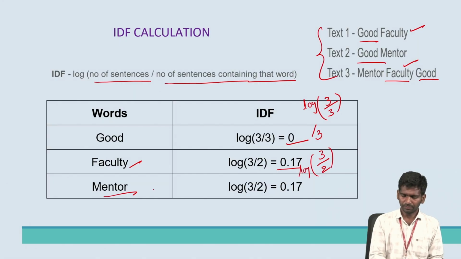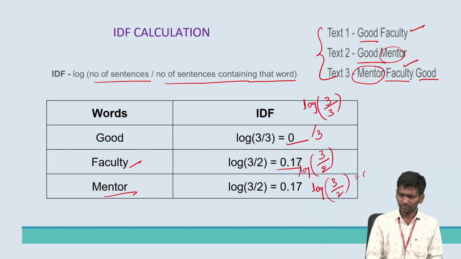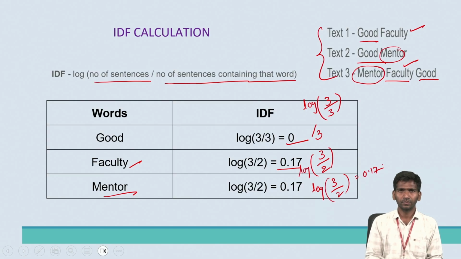Similarly mentor. Total there are 3 sentences. In how many sentences is mentor repeating? Once, twice. So 3 by 2, it will be 0.17.